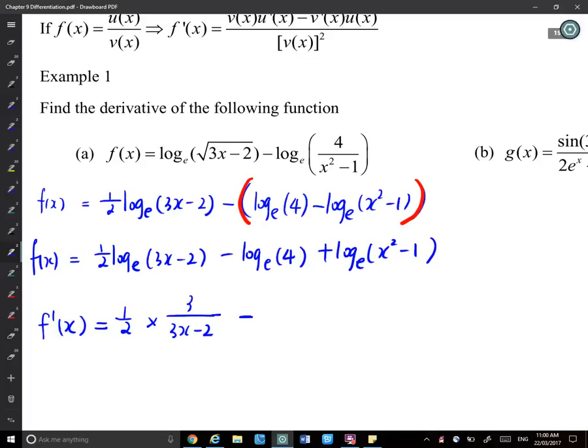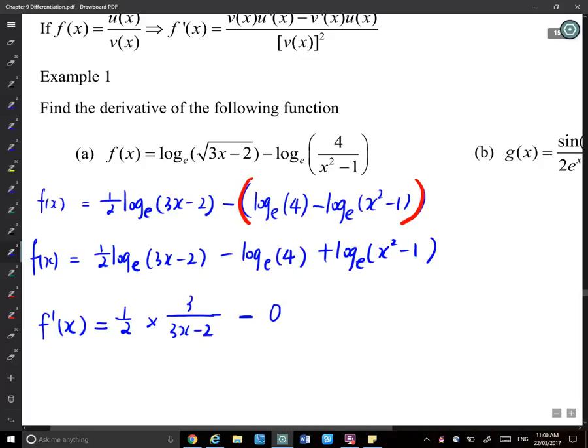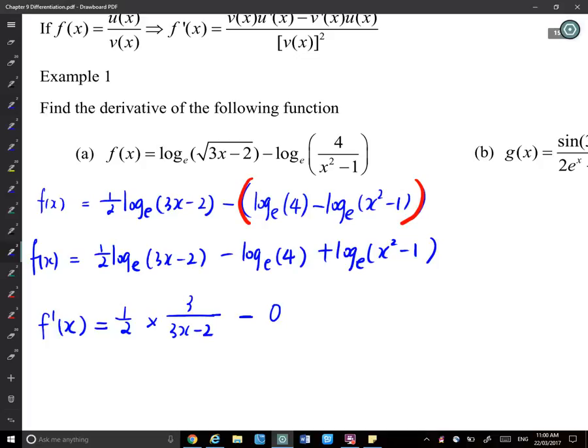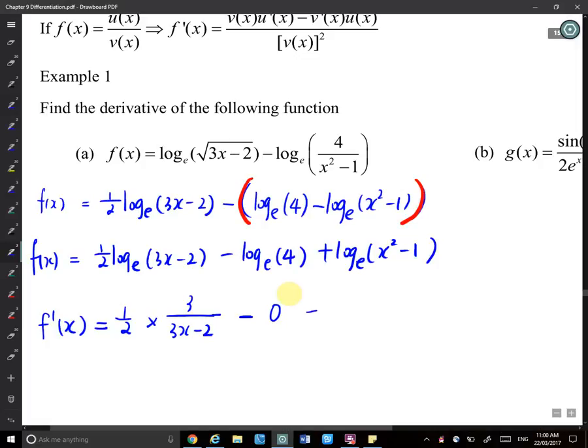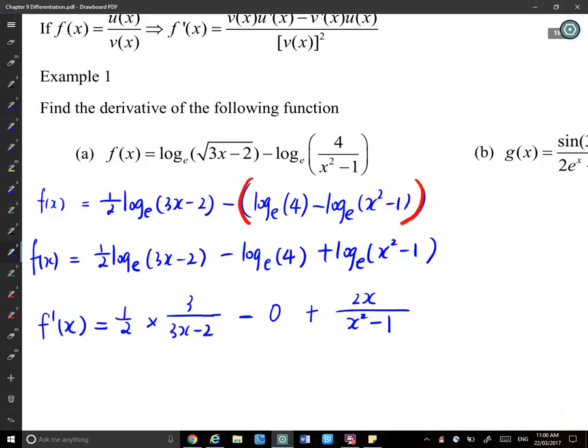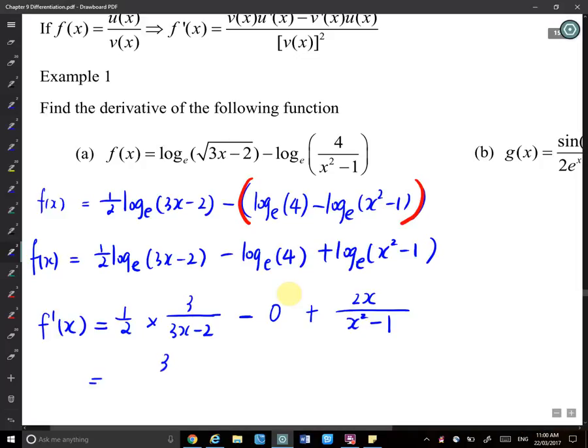The derivative of a constant is 0. So that's a 0. Plus, derive that is 2x over x squared minus 1. So you have 3 over 6x minus 4 plus 2x over x squared minus 1.